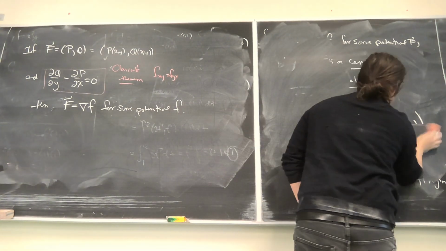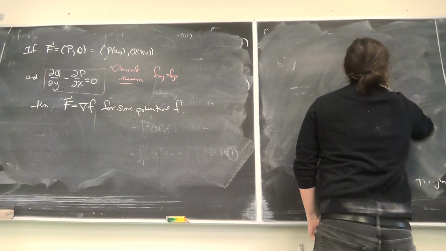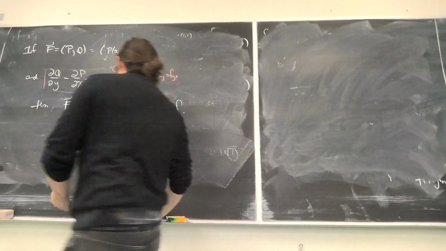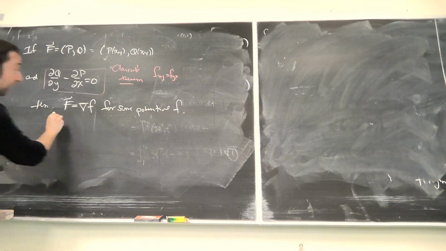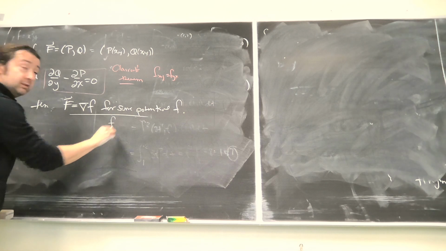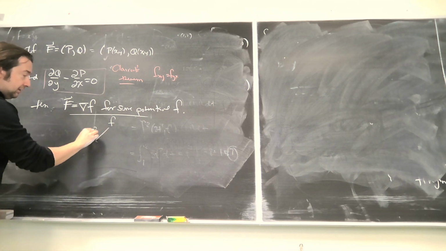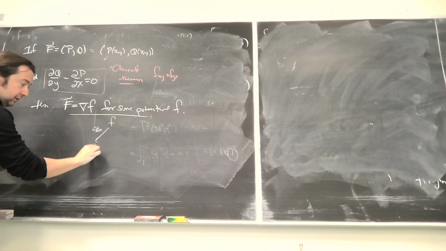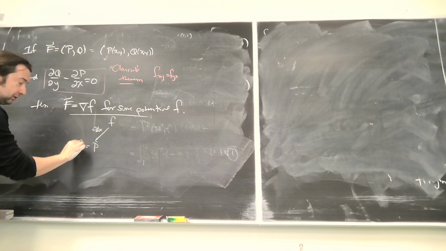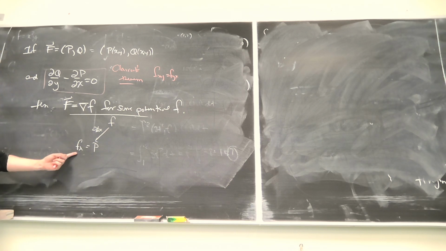And it will also indicate a method of finding the potential function. If I had a function f, and I calculated d by dx of it, and I landed on P, that would be equal to the derivative of f with respect to x, right?